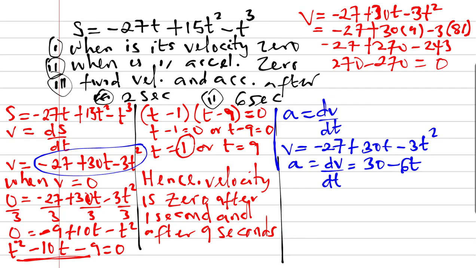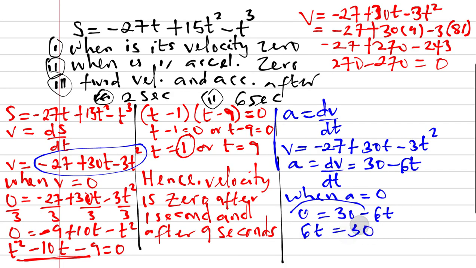So they said, when is its acceleration 0? So that means when a is equal to 0. That means you are going to have 0 equal to 30 minus 6t. So if you bring minus 6t to this side, that will give us 6t equal to 30.